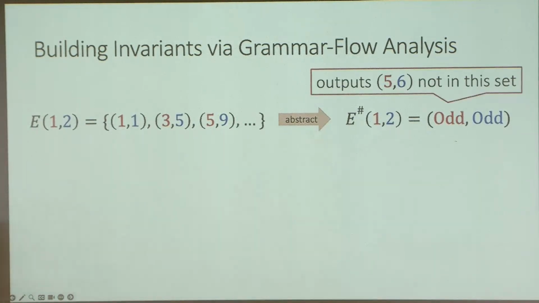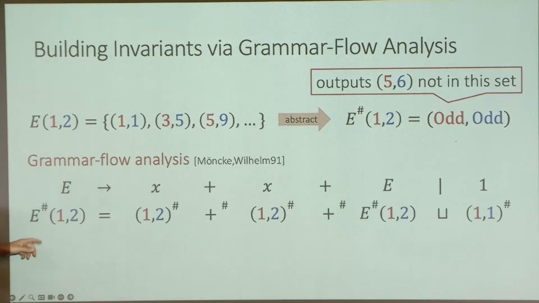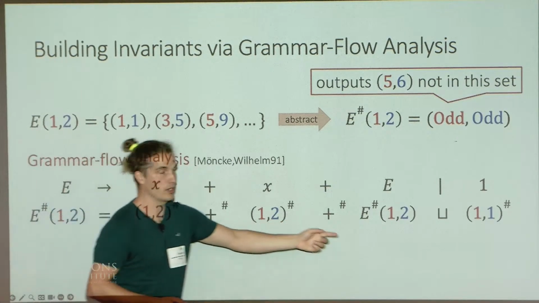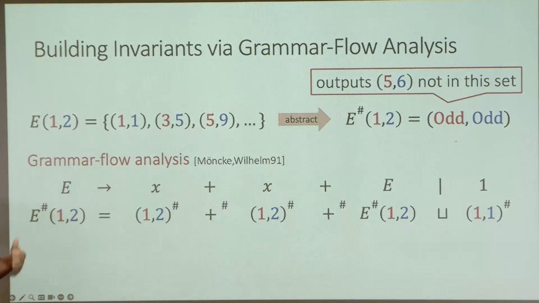The way you prove that is you take your grammar and turn it into a set of equations, which says that this invariant is such that if I evaluate the terms according to this abstract domain, in this case odd, odd, I get back the same thing. So I'm solving this equation, and I'm claiming that odd, odd is a solution.